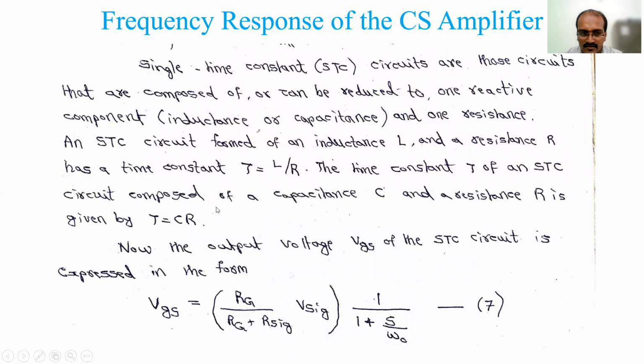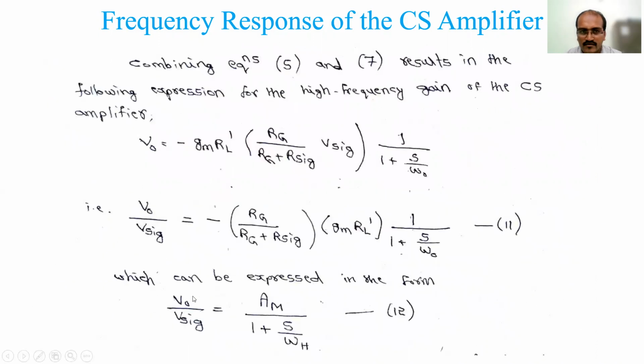So V naught equals minus gm RL dash into VGS, and in VGS's place I have substituted equation 7: RG by RG plus R signal into V signal, into 1 by 1 plus s by omega naught.